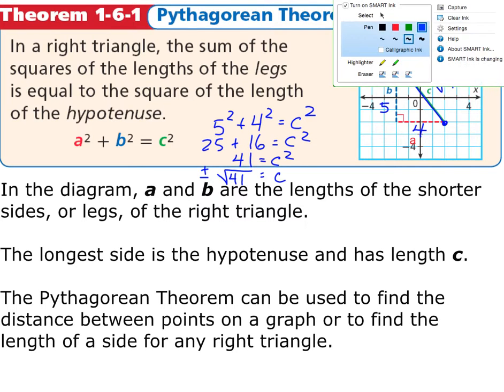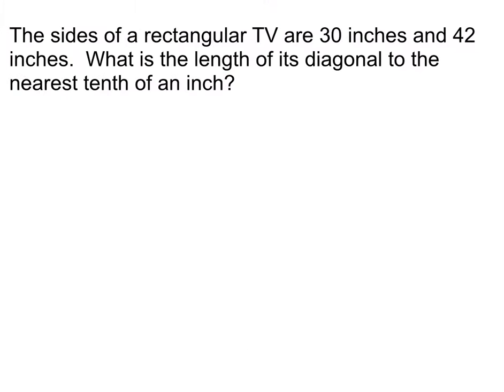Okay, let's do a couple of Pythagorean theorem examples. Often we use Pythagorean theorem on story type or real life problems rather than XY axis problems. So draw yourself a picture here. We have the sides of a rectangular TV. They are 30 inches and 42 inches. Rectangles have right angles in the corner.